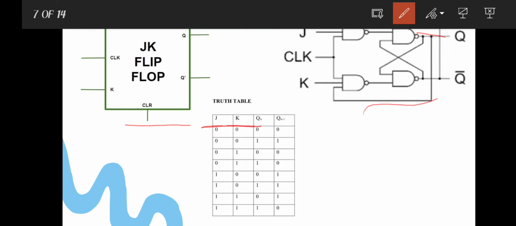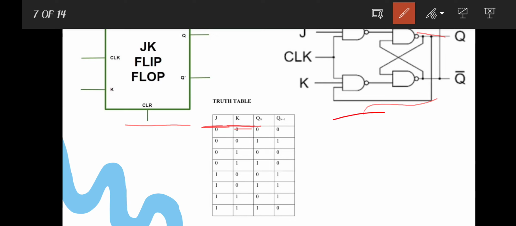The required output for a sequential circuit is in your next state only. Next state means Qn plus 1. Here the JK inputs may be anything, like J equal to 0, 0, anything.